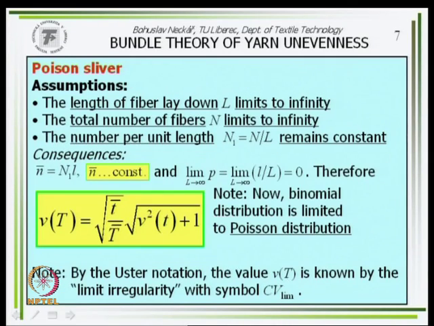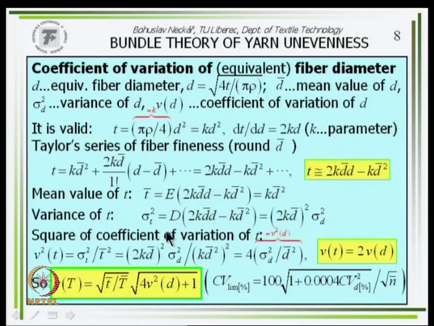What we need is the coefficient of variation of fiber fineness. Nevertheless, usually we haven't got it, and it is difficult to obtain directly. Therefore, we can use some approximation and apply the coefficient of variation of fiber diameter instead of fiber fineness.